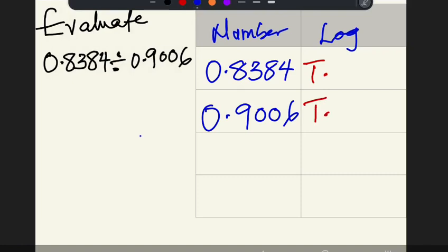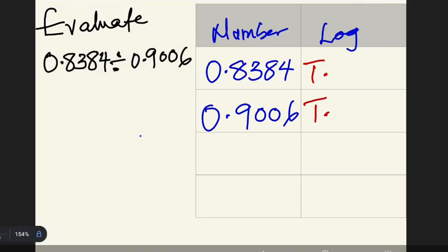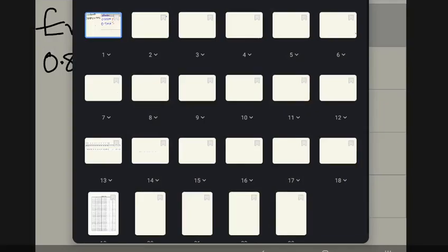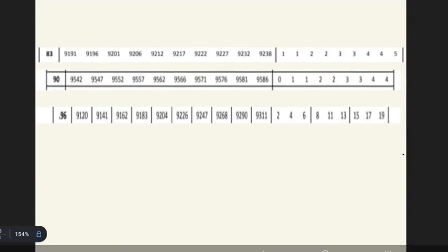So let's find the logarithm of 83 under 8, difference 4. In finding a logarithm of this form, the table starts from 0.